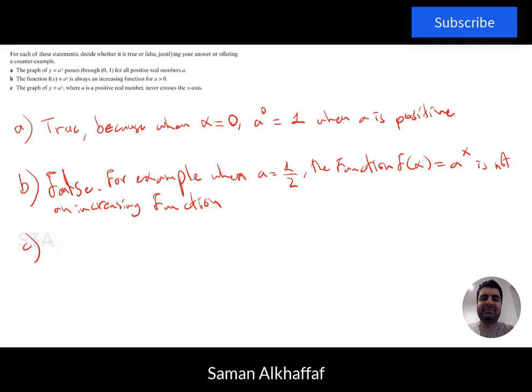For part C, the graph of y equals a to the x, where a is a positive real number, never crosses the x-axis.